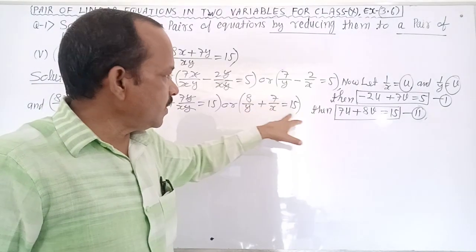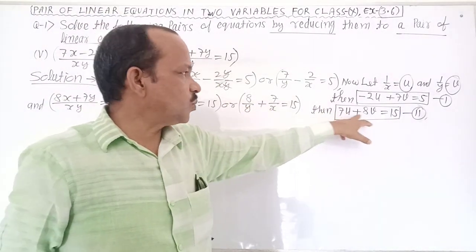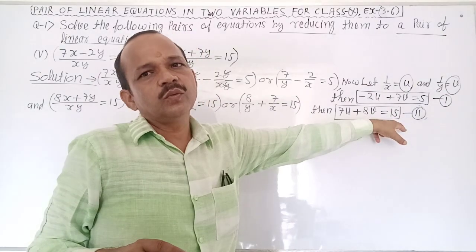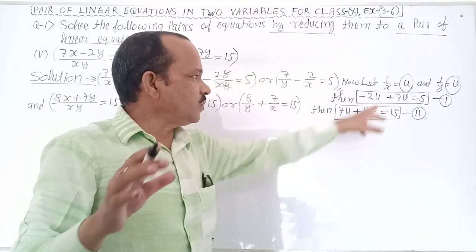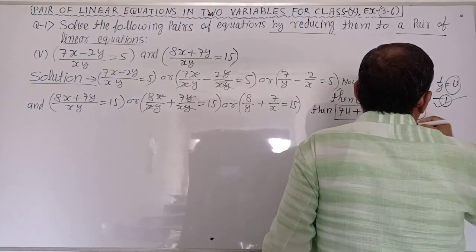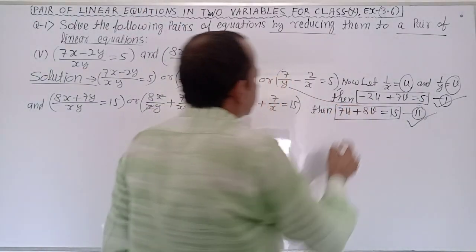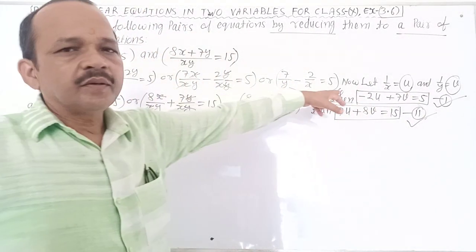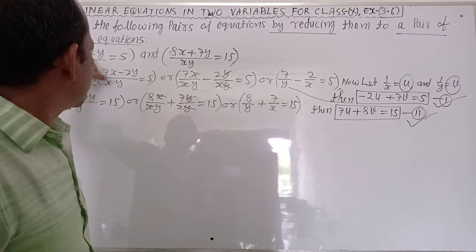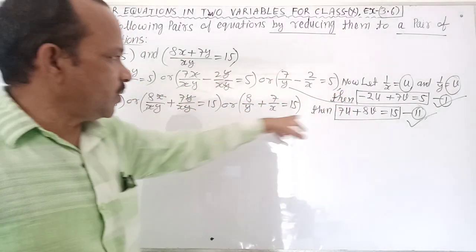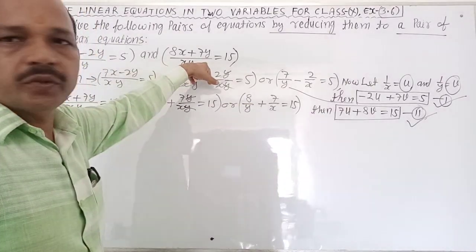Then the equation becomes 7u plus 8v equal to 15. Clear? Equation first and equation second. Equation first according to this and equation second according to this. Clear?